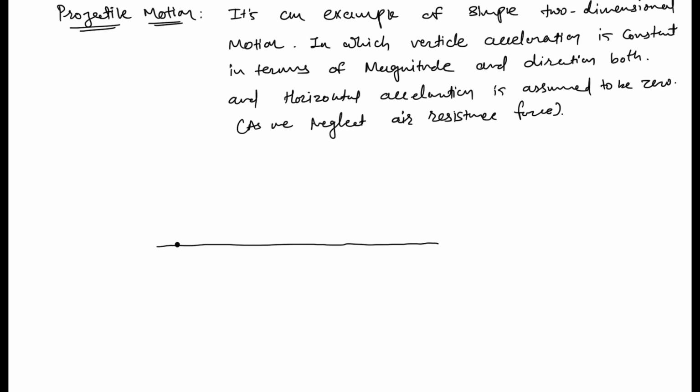Now if a player kicks this ball, this ball goes like this and lands somewhere on the field just like this. So basically this whole path seems like a semicircular path, but it is not a semicircular path. Later we will discuss this.